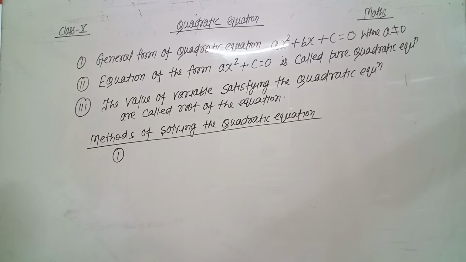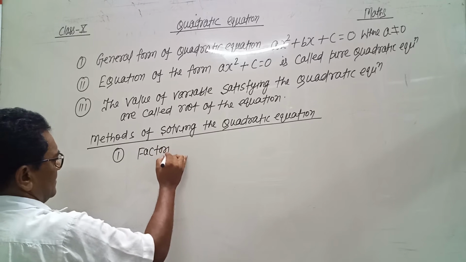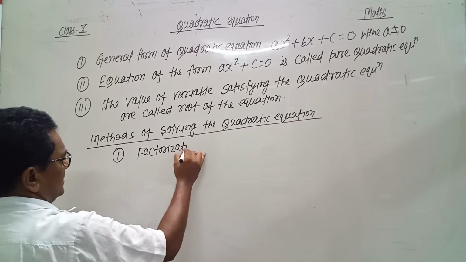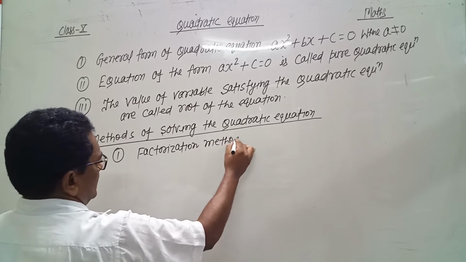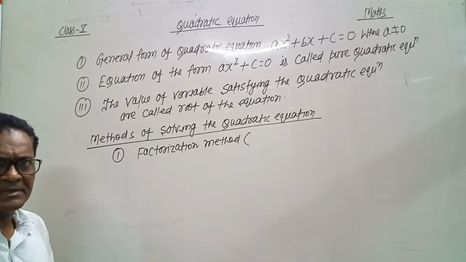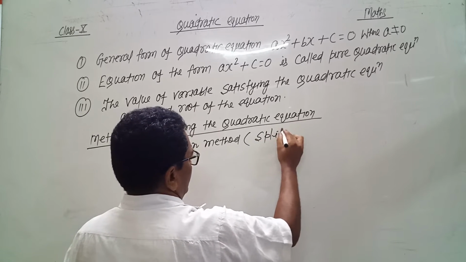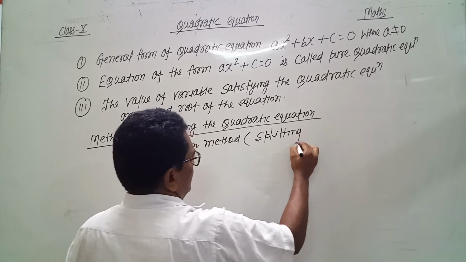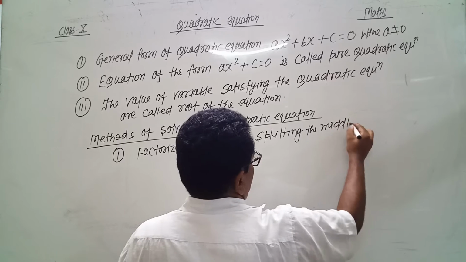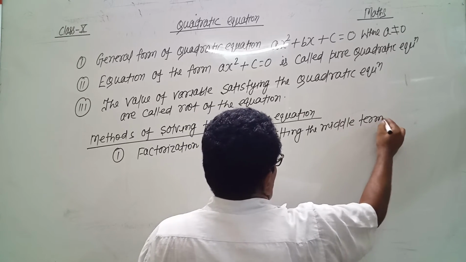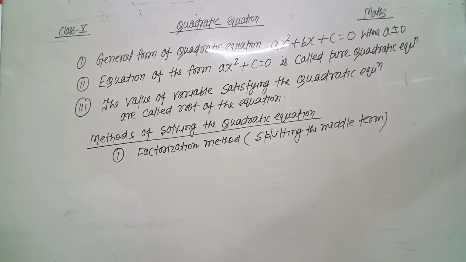First is factorization method. Factorization method means splitting the middle term. In factorization method, we split the middle term.